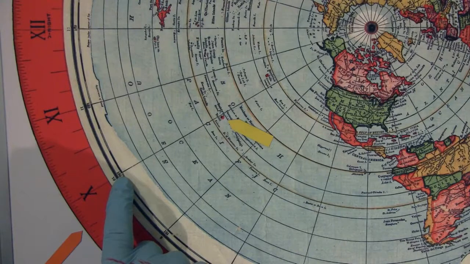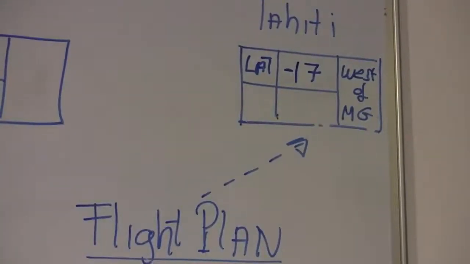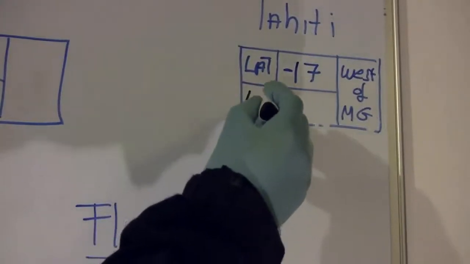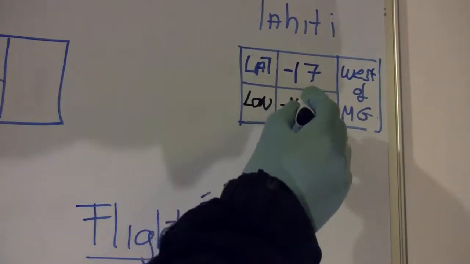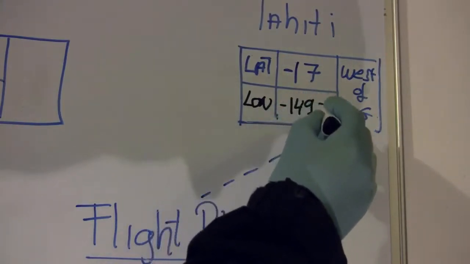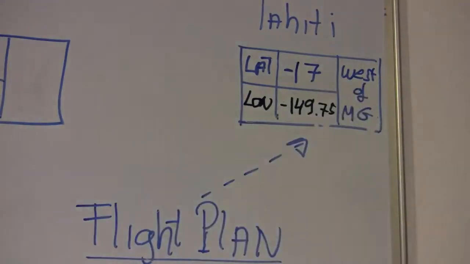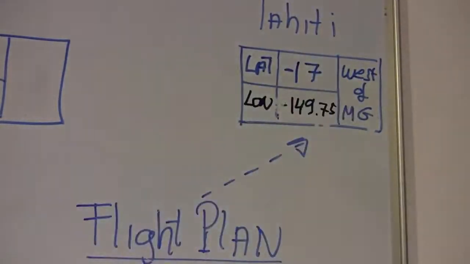That's longitude minus 149.75 west of meridian of Greenwich. That's why it's a negative number. But I can even say it's west of meridian of Greenwich.